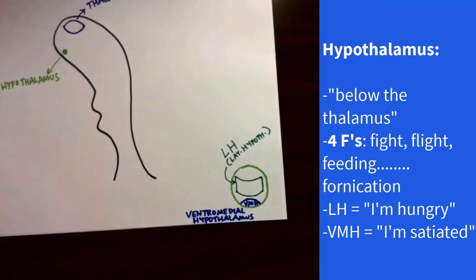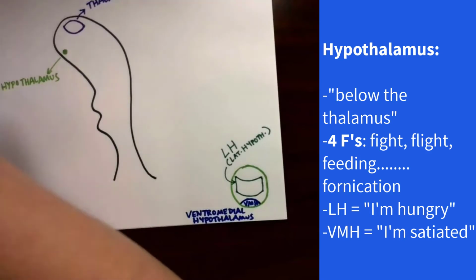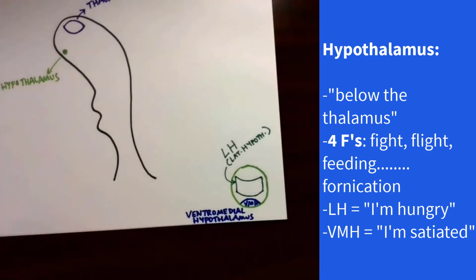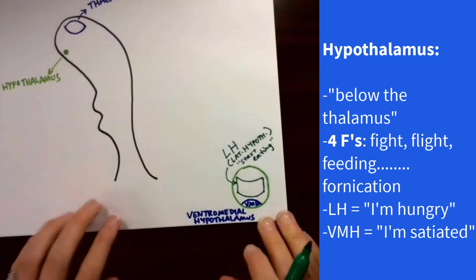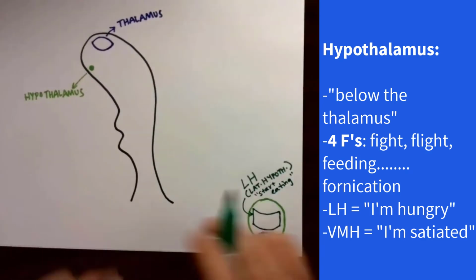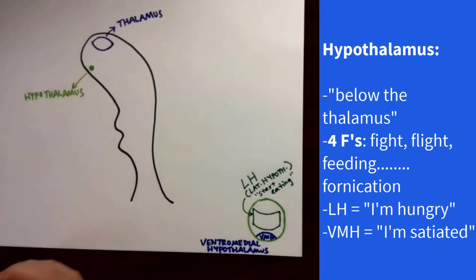Now, the lateral versus the ventromedial hypothalamus, they have different roles. The lateral hypothalamus tells your brain to start eating if you're hungry. So when your body needs energy, it's going to tell your brain to start eating. So we sometimes remember this by LH equals large hunger. It makes you hungry. Then the ventromedial is going to do the opposite.